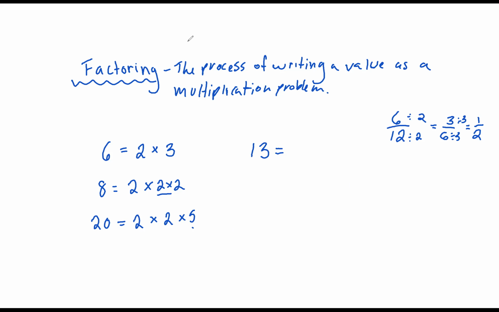But for 13, there are no other numbers that I can write other than 1 times 13. So we have a special name for these types of numbers. They're called prime numbers. 13 is a prime number. Whenever you cannot write a number as a multiplication problem other than 1 times itself, it's the only multiplication problem you could think of, they're called prime numbers.